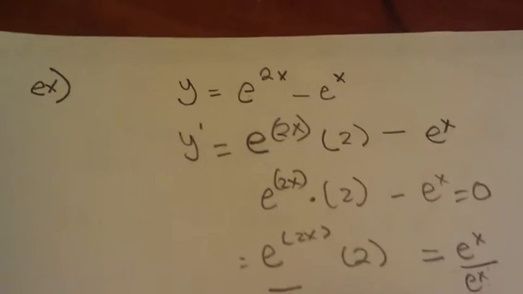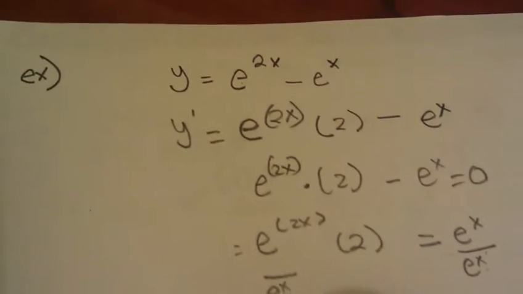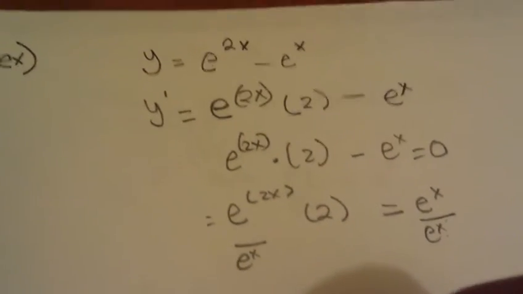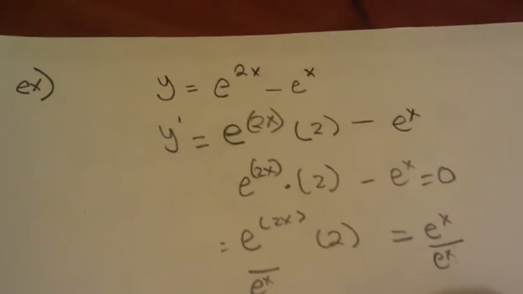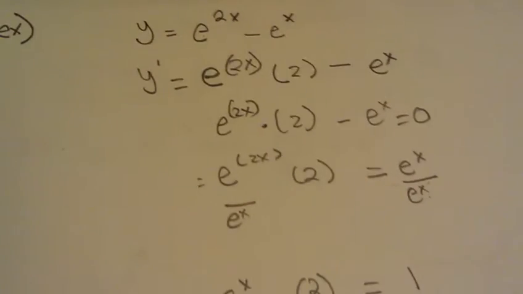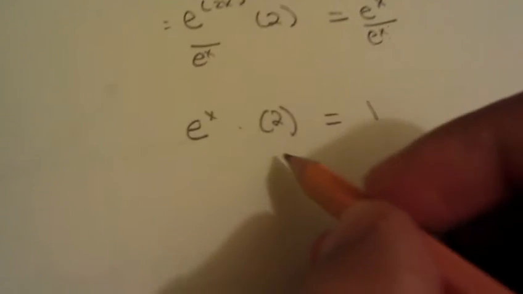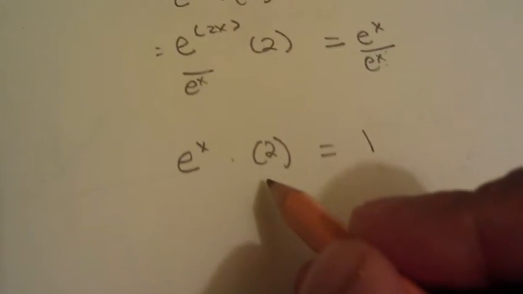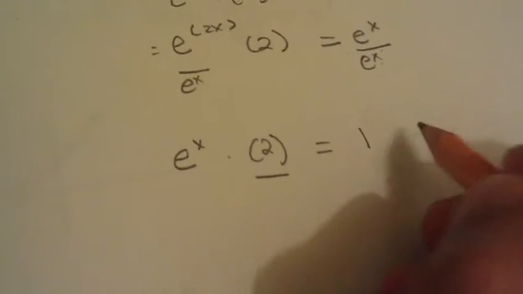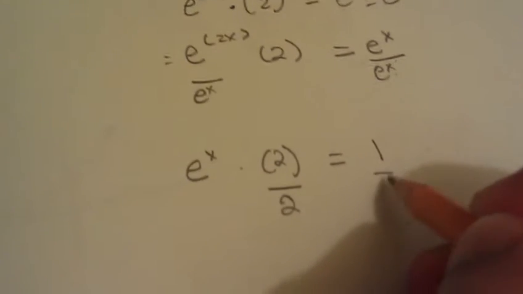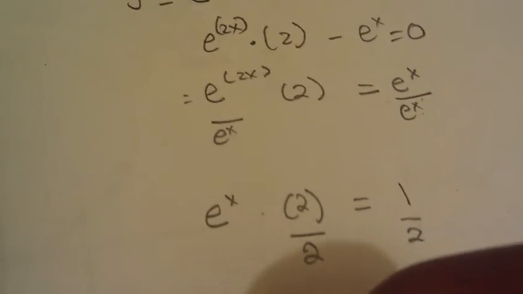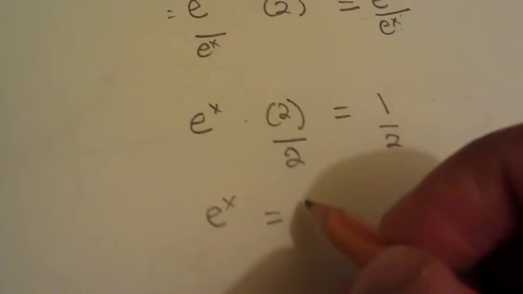So what we have here is e to the x times 2 equals 1. And we divide the 2 to this side. So we have 2 here, 2 here, so we have e to the x equals 1/2.